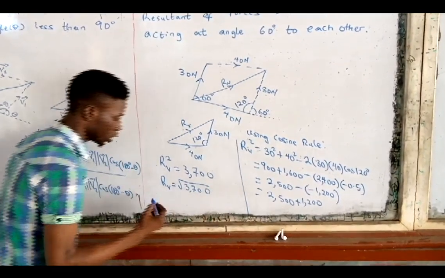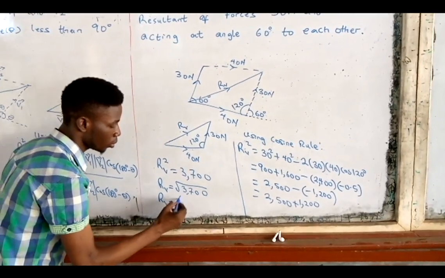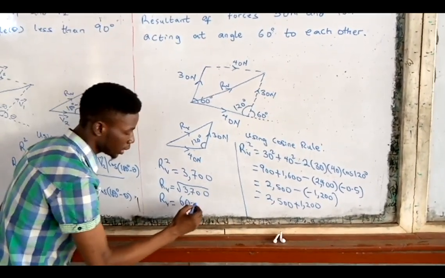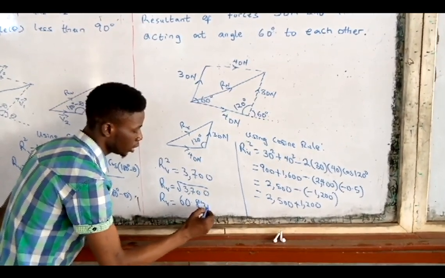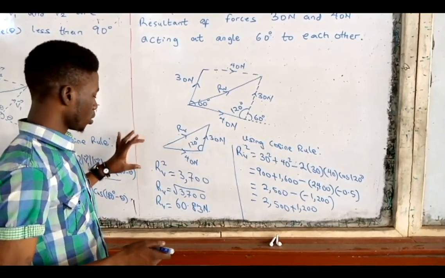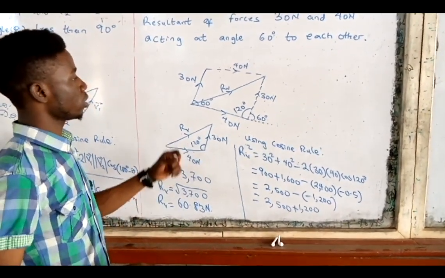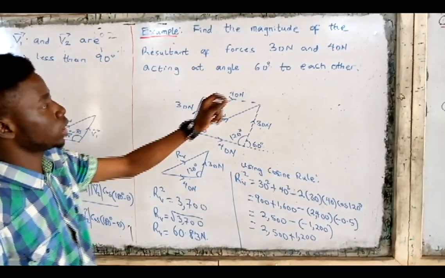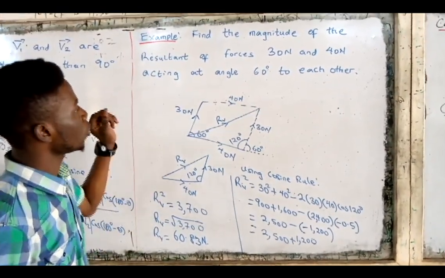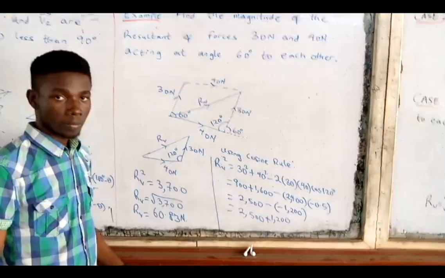If you press this on your calculator, you get RV to be equal to 60.83 Newton. And this gives the magnitude of the resultant force of forces 30 Newton and 40 Newton, which are acting at an angle 60 degrees to each other.